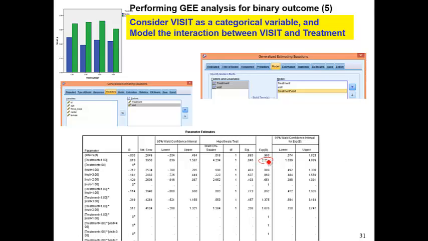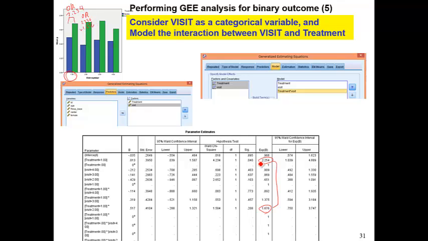The odds ratio of 2.254 is the odds ratio of treatment where visit is the reference category. If you multiply these two odds ratios, that would be the odds ratio of visit 2. So this is the odds ratio of treatment, which is 2.254 times 1.676.